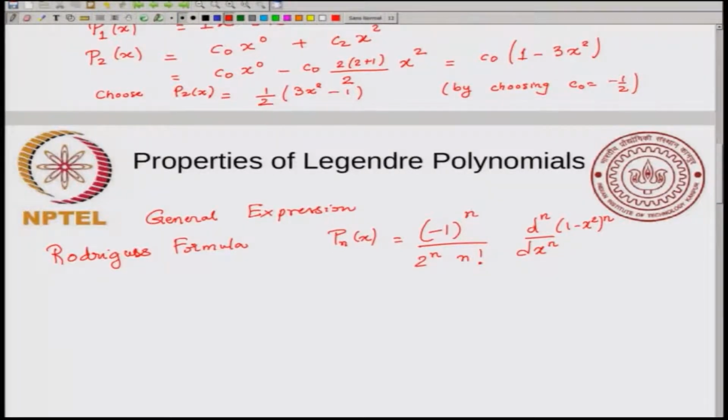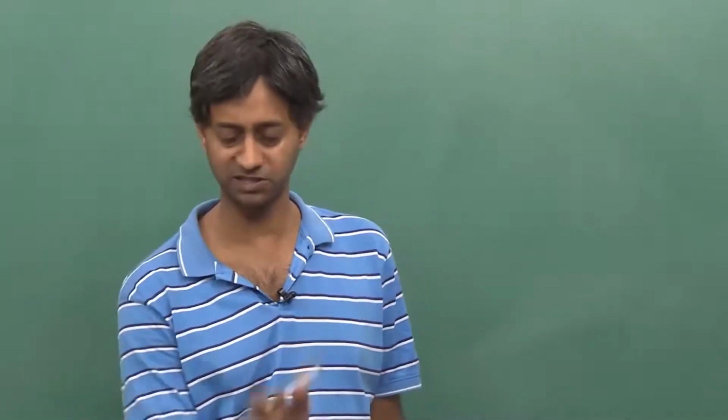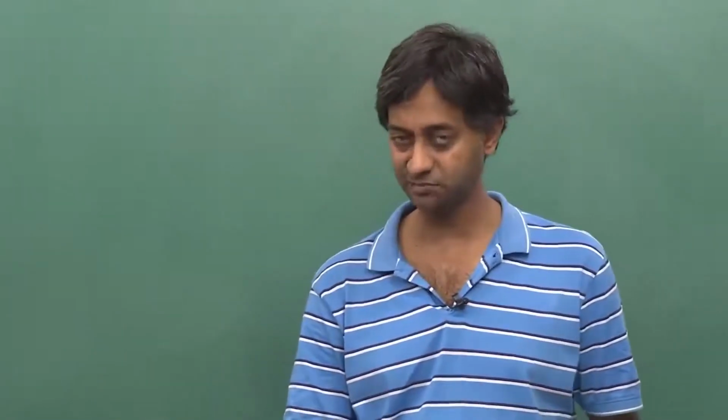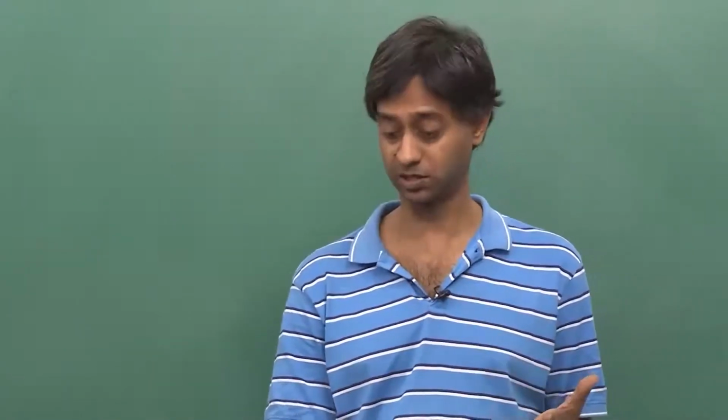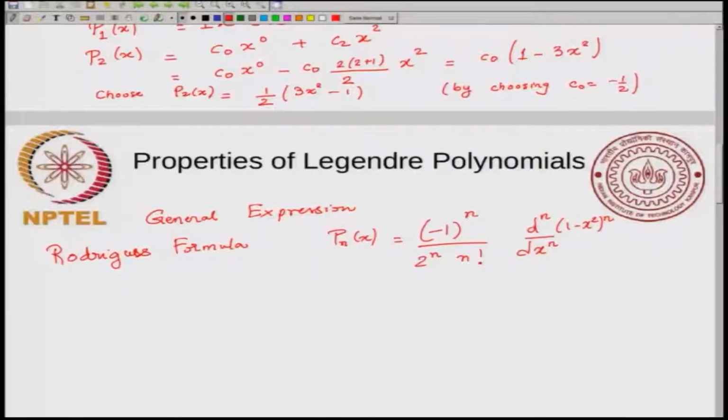Then you multiply this by this constant. Now, this constant is chosen so that you satisfy certain relations between various polynomials. Even if you did not have this constant, you would still satisfy the differential equation because it is a homogeneous equation. Multiplying it by a constant will still give you a solution. What is important is that this particular choice will preserve certain relations, and we will see that in a minute.